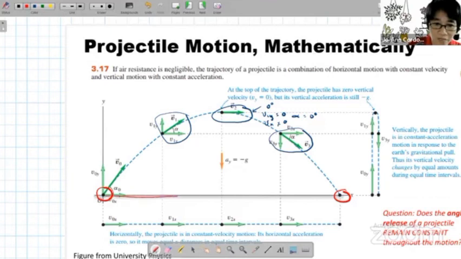So parehas na level yan dapat. So what we expect is dapat yung velocity niya dito, the velocity at the initial should be equal to the velocity of the final. So ang question is, can this be proven?